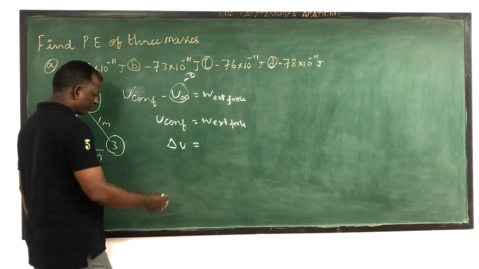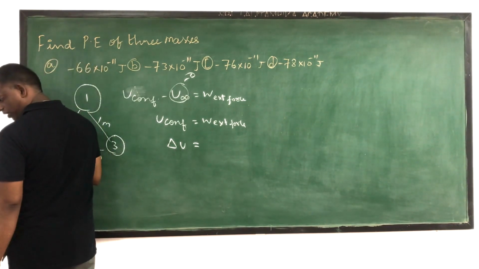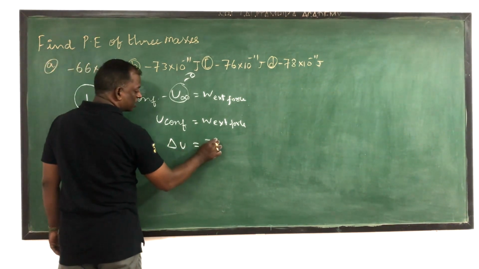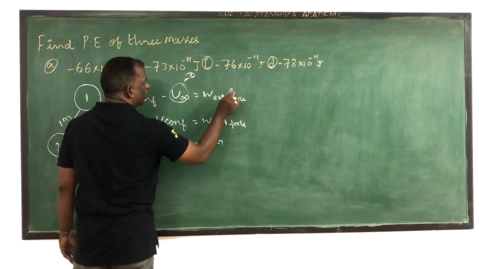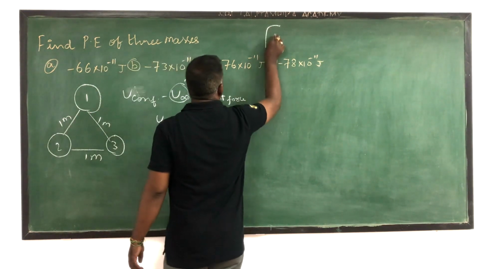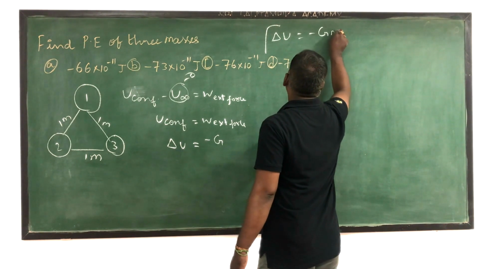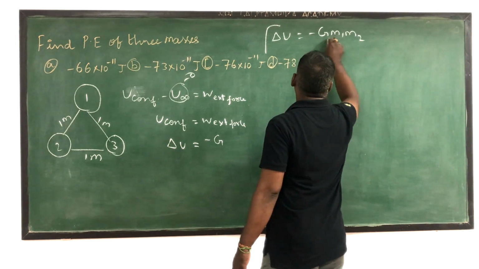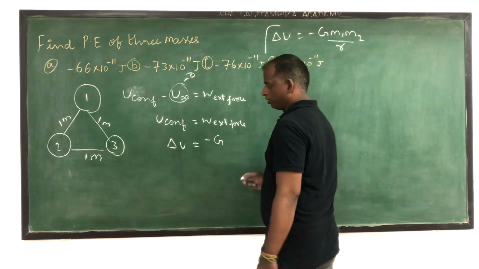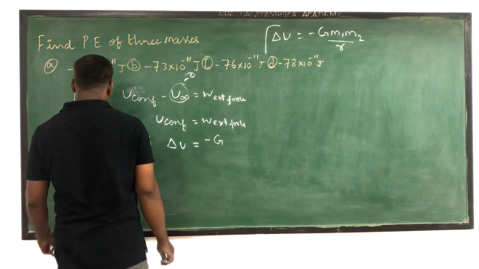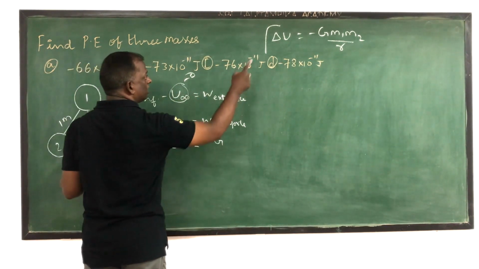The external force is equal to, it will be minus G. So what is delta U? Delta U, the potential energy, is minus G m1 m2 by R. This is the general formula.